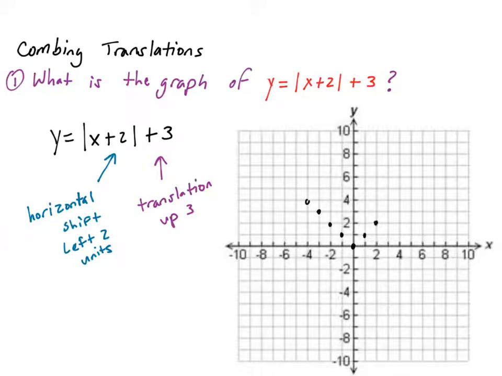So I'm going to plot just a couple of points. You don't have to use all of them. And so each one of these points has to be, in this case, shifted left and then up 3.